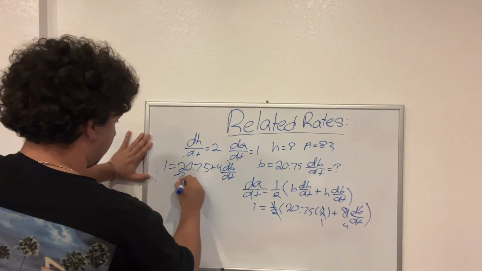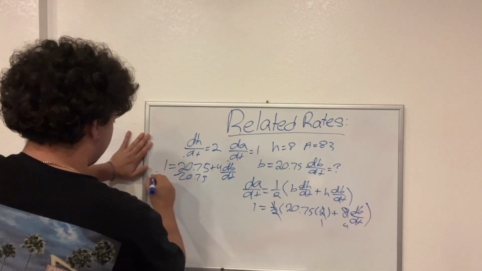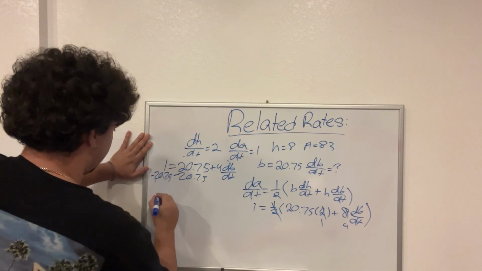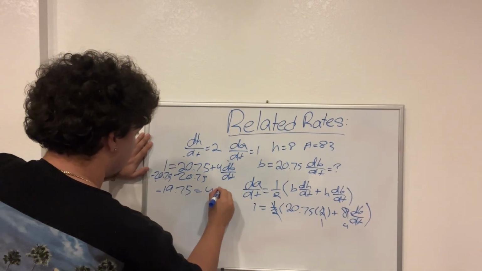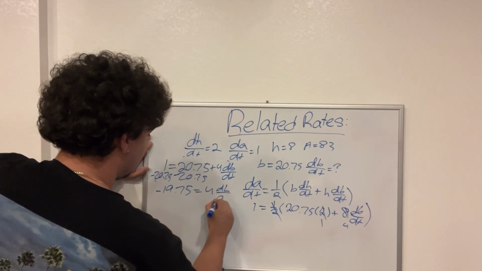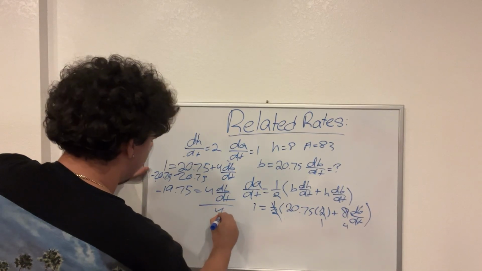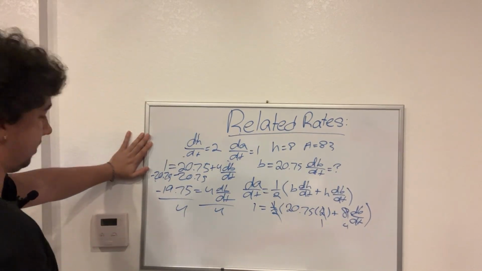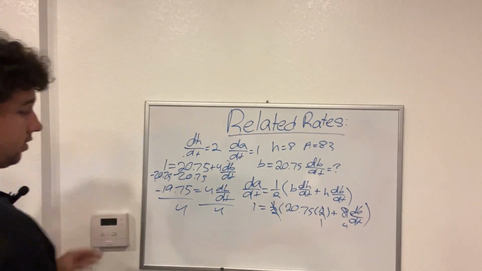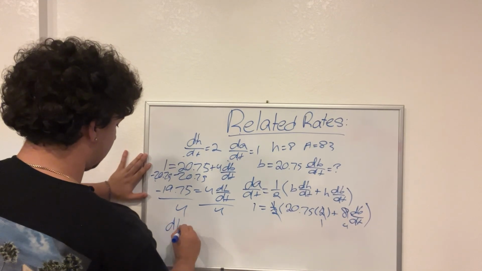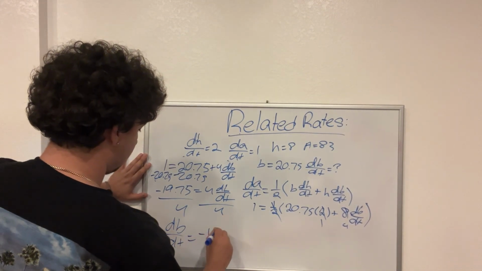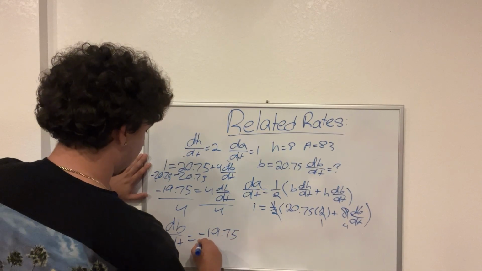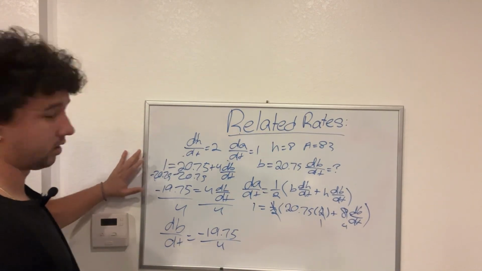I'm going to subtract 20.75 from both sides. Get negative 19.75 equals 4 dB/dt. Divide everything by 4. And that's just going to be my final answer there. dB/dt is equal to negative 19.75 divided by 4. And I'll just leave it like that.